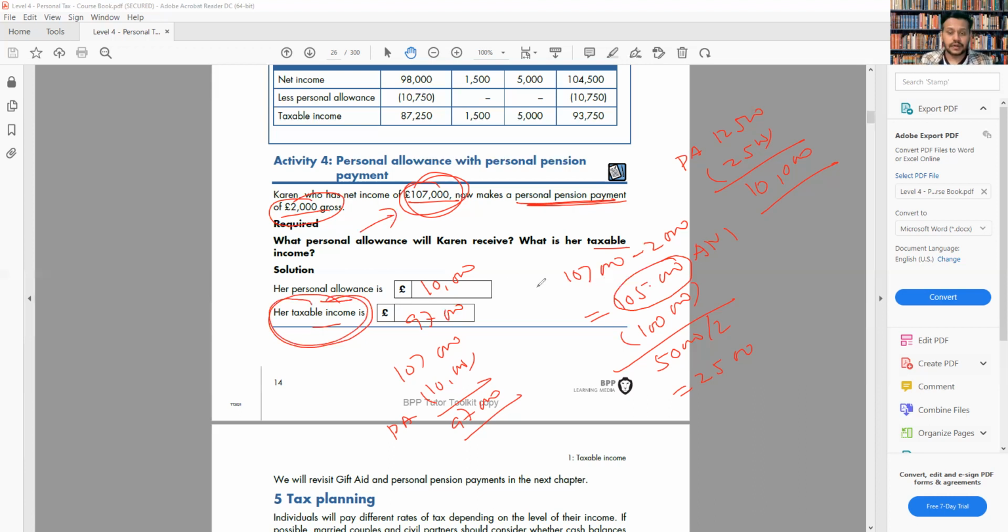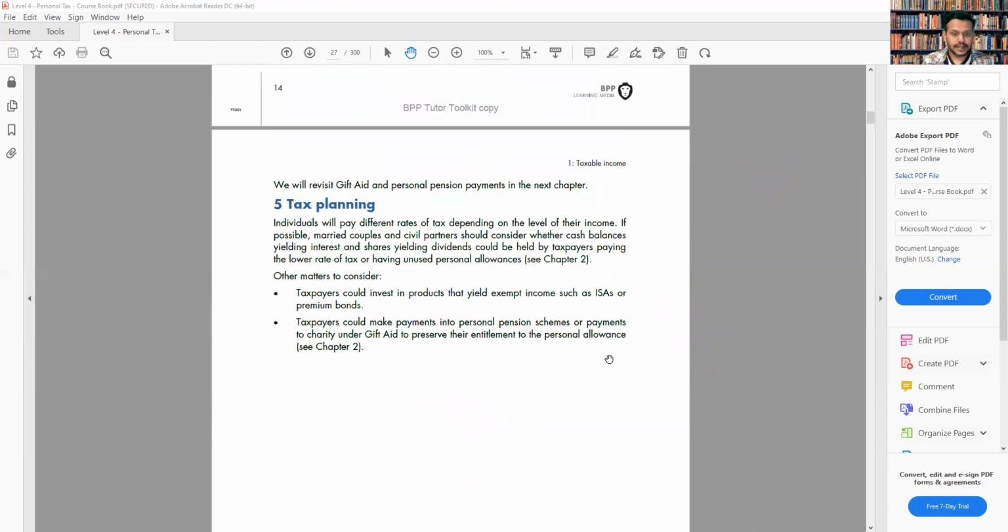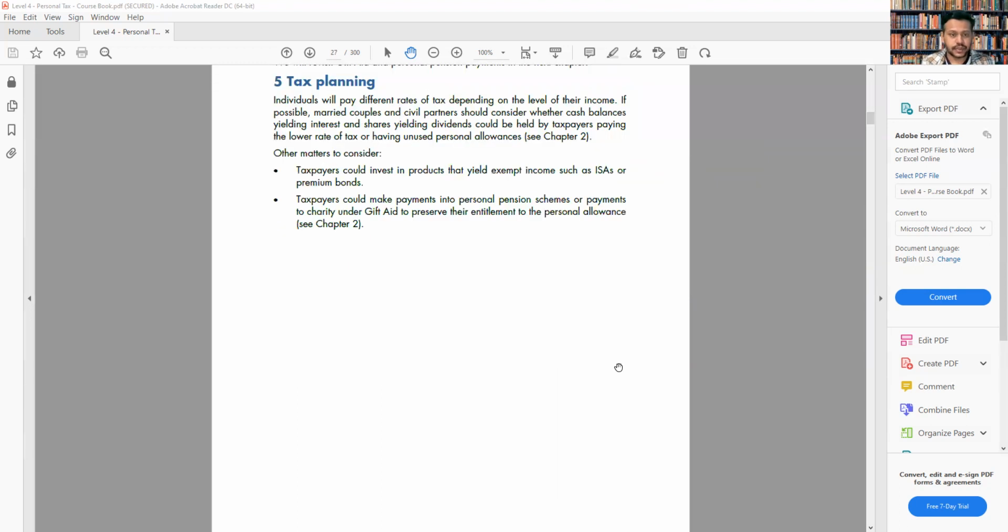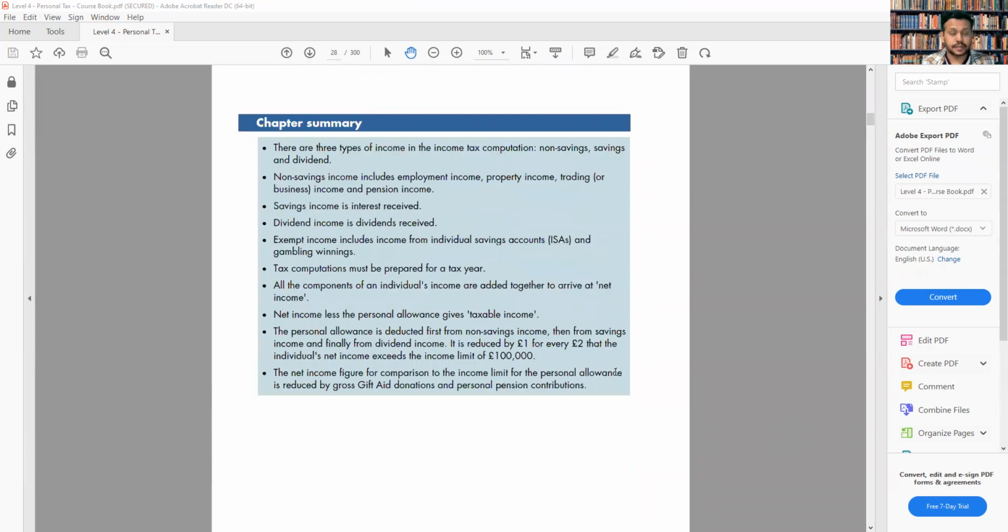This one is only for the personal allowance adjustment. So you need to be careful with that. All right, let's move on to the next one, the tax planning. This is just a story, so I think it's the end of chapter number 1. We'll move to chapter number 2, but before we move, let's take some questions if you have.